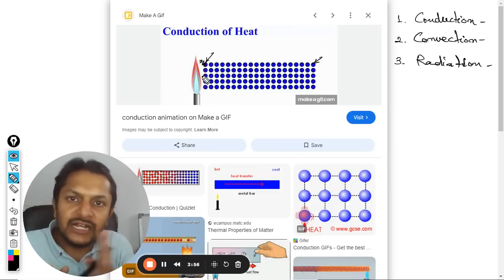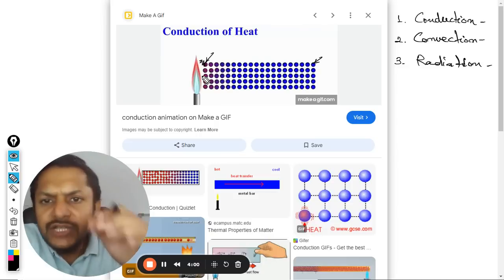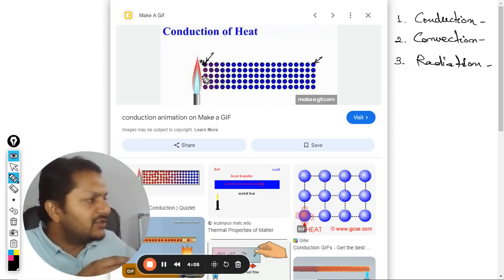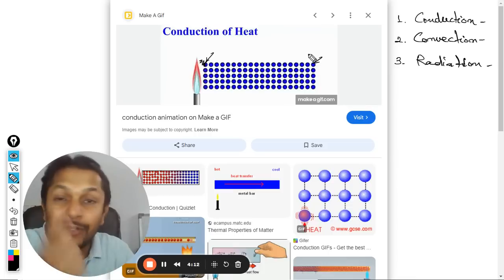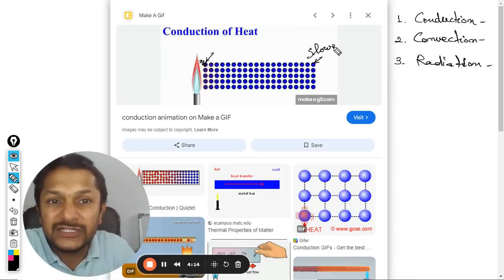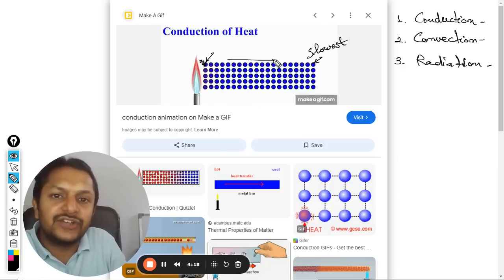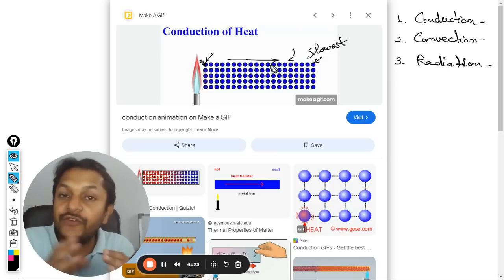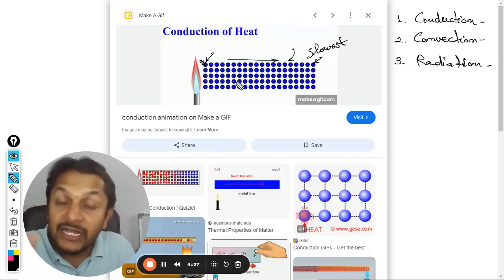So if one molecule starts vibrating, it disturbs the other molecule, and the other molecule also starts vibrating. Gradually, this vibration is passed on from one molecule to another. So it usually takes a lot of time. It is the slowest mode of heat transfer, and gradually the heat is transferred. Even these molecules start vibrating somewhat, not very high, but a little of the vibration is taken up by these molecules, depending upon the temperature.